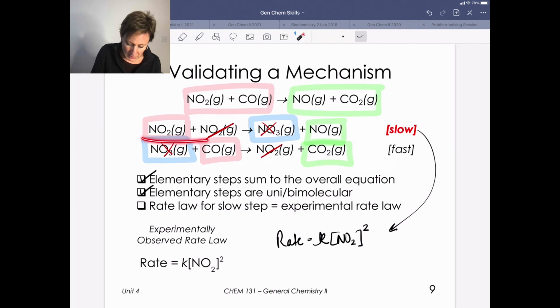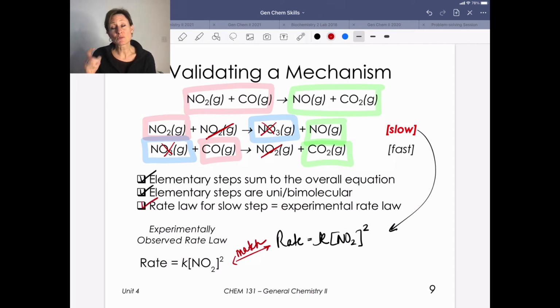Note here that this was really 2 NO2s makes NO3 plus NO. The fact that there was that coefficient of 2 means that I have that exponent. So that is the rate law for the slow step, and here's the experimentally observed rate law. These two match one another, and because they match, I get my third check mark there, and this reaction mechanism is valid.